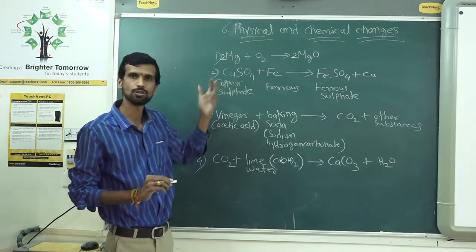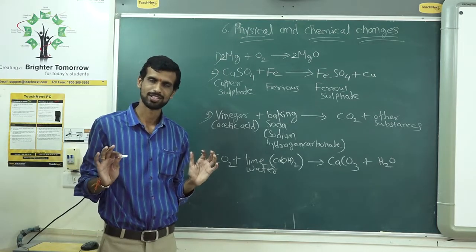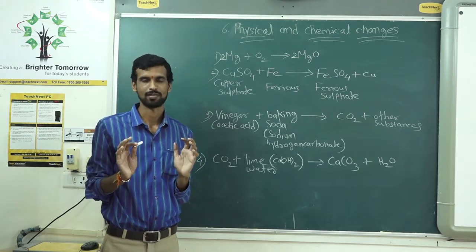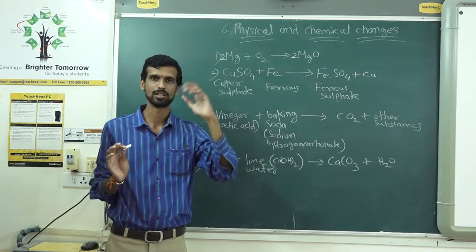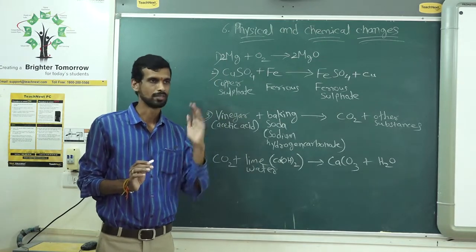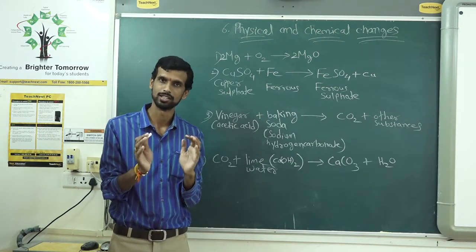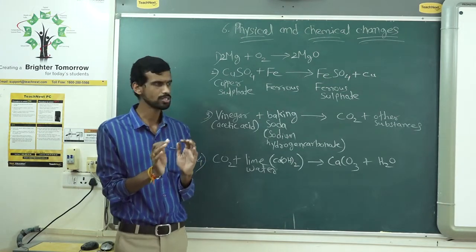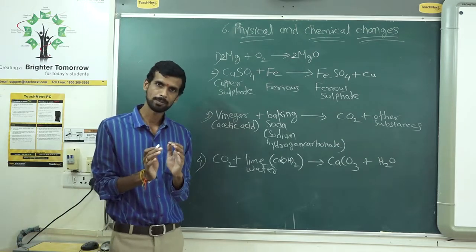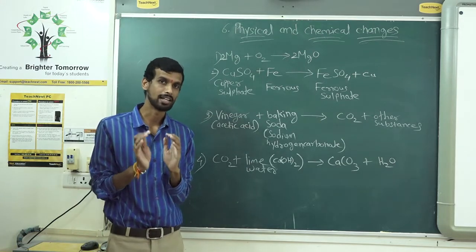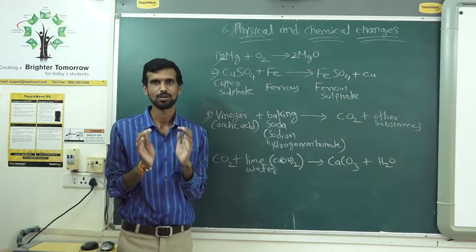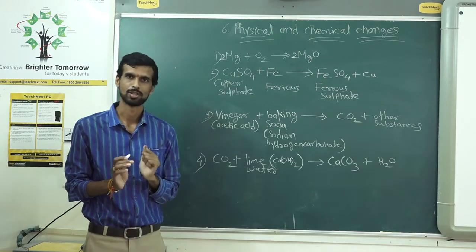What is this CuSO4? Don't get confused. These are the symbols. Like there are various symbols. Parking symbol is there, right? Then various road symbols are there. In math, in geography, you must have learned various symbols. In the same way in chemistry, we represent various elements, various compounds with the help of some symbols. Okay.